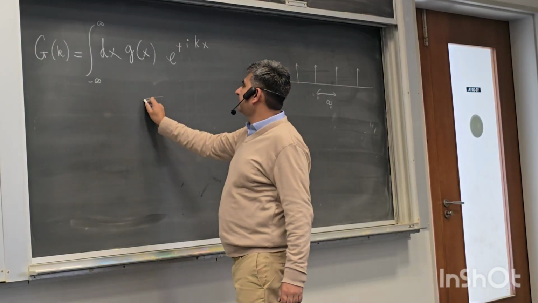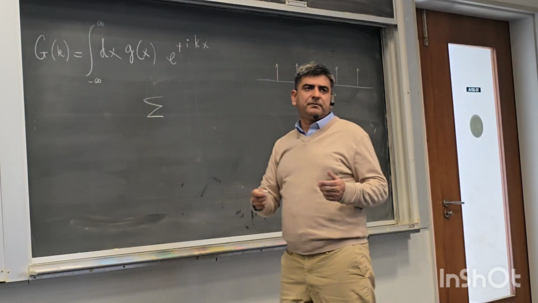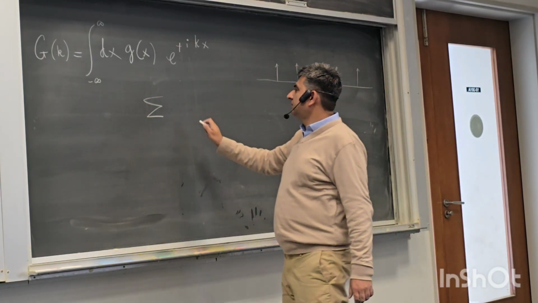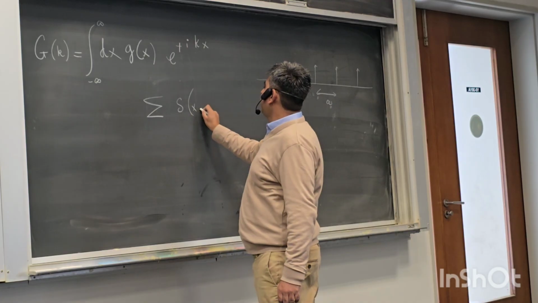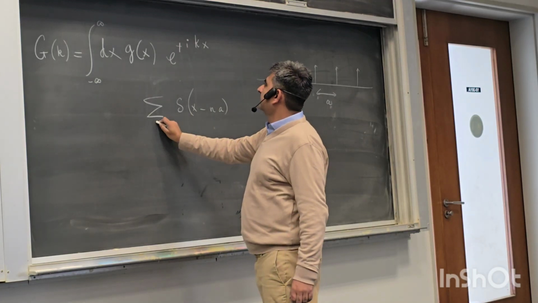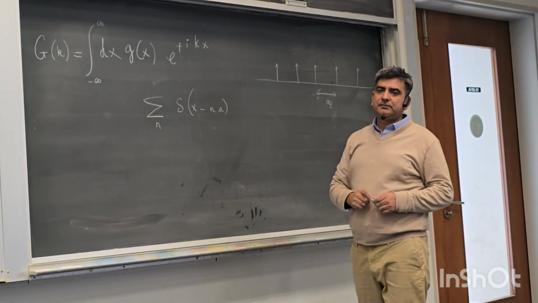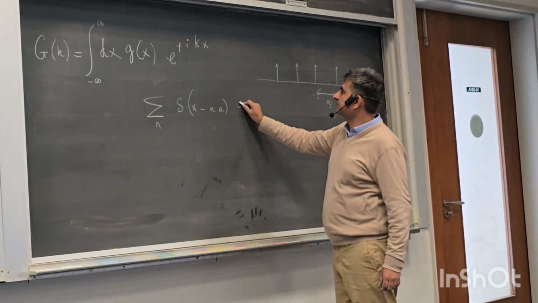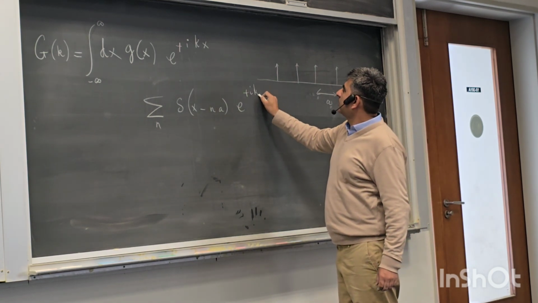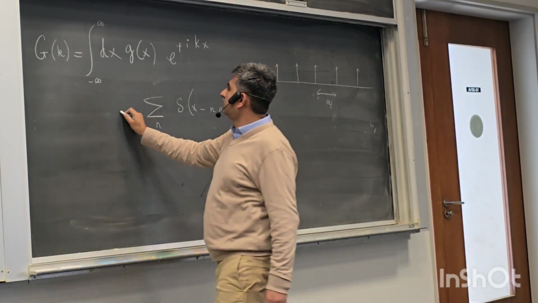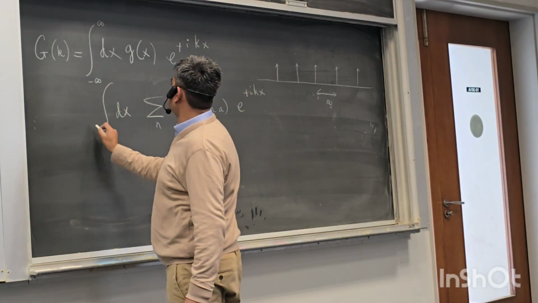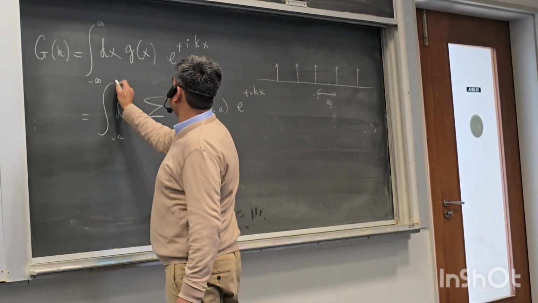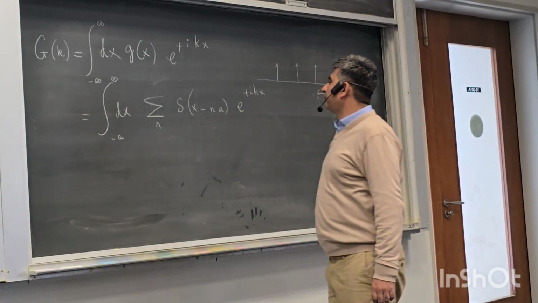This g(x) is a train of Dirac delta functions, x minus ma, right? If I take the Fourier transform of this, what do I get?